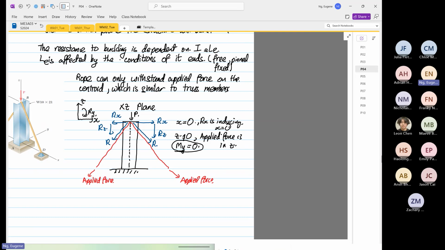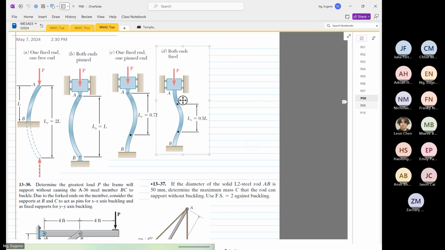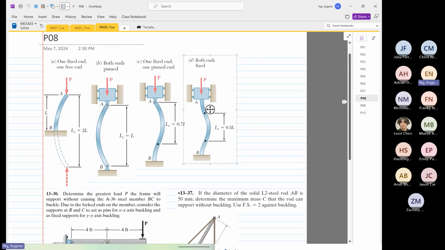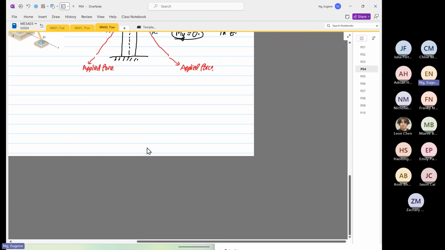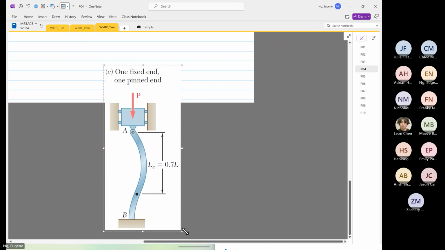So when you look at this diagram over here, right, we know that one end is fixed, the other end, the moment is equal to 0. It cannot move in the x direction, but it can move in the y direction. So therefore, LE is equal to L. Okay, so I'm going to copy this and paste down here. All right.